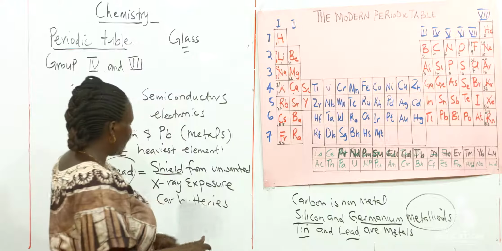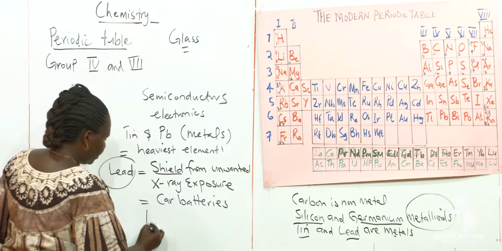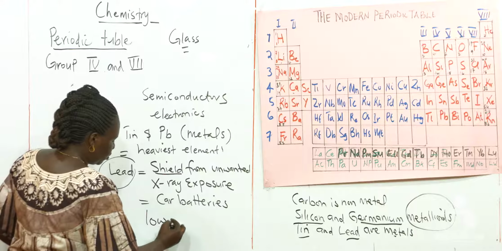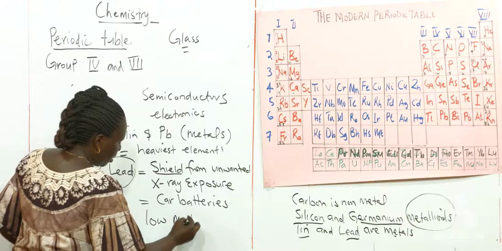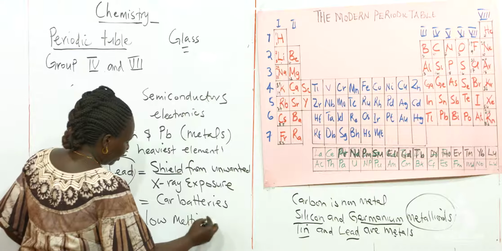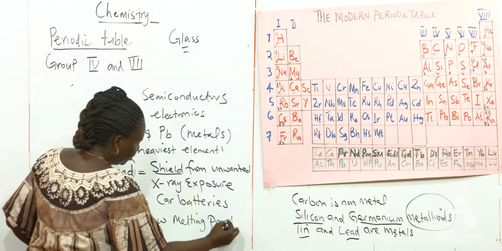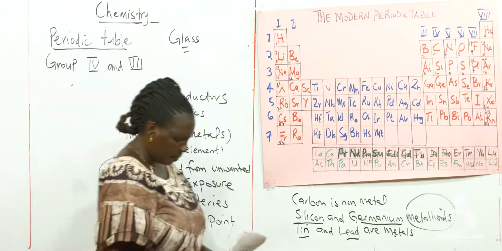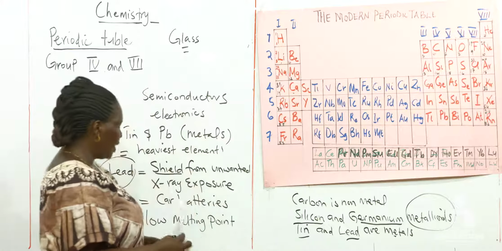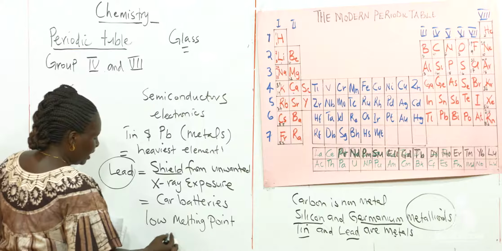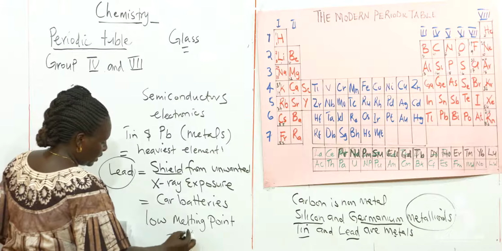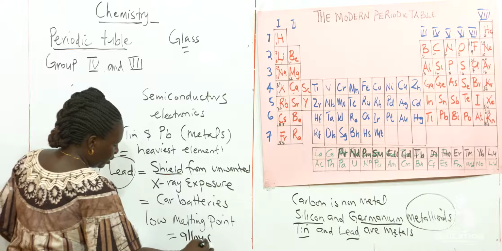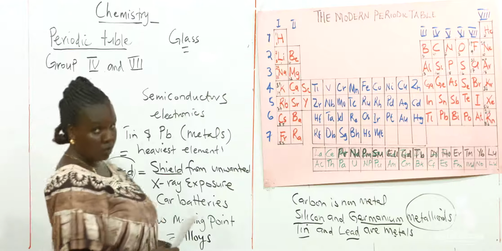Lead has a low melting point. Because of this character, lead is used in making alloys.